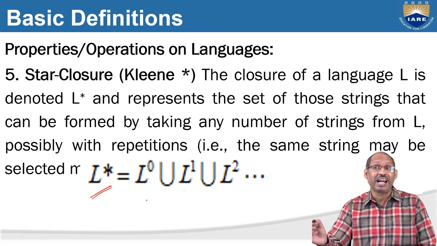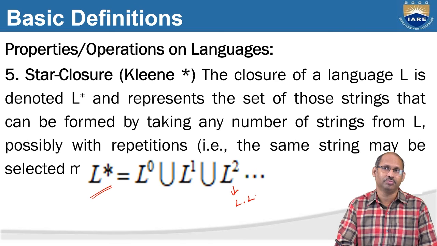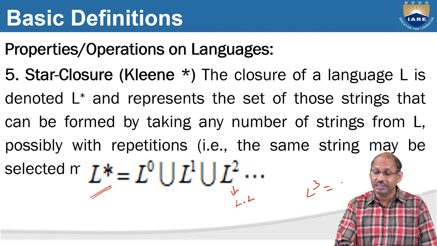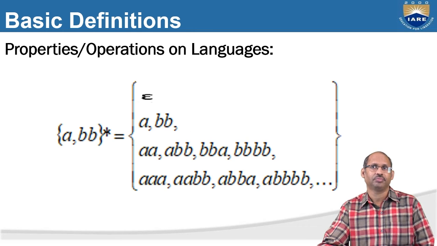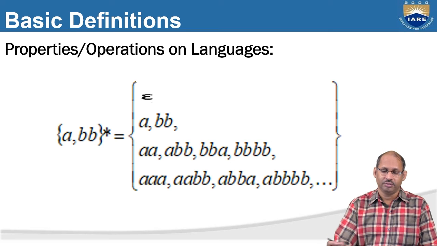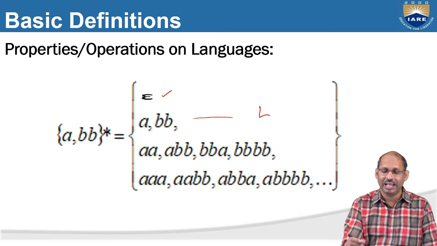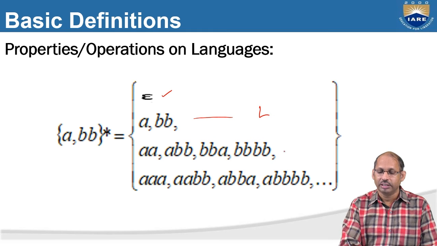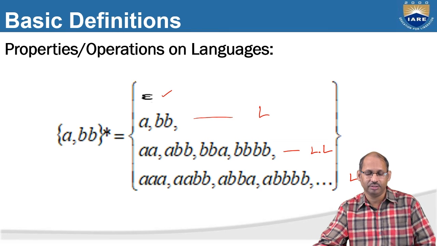L power 2 is the concatenation of L and L. L power 3 means the concatenation of L followed by L square, and so on. So here epsilon, this is L, this is L followed by L, this is L followed by L square, and it goes on.